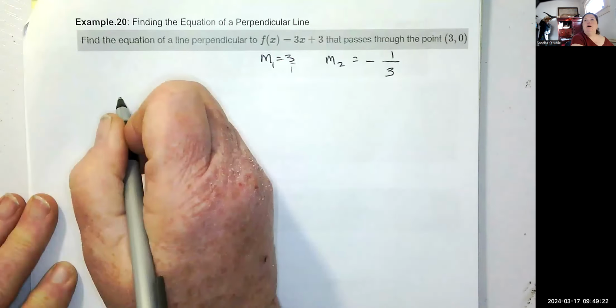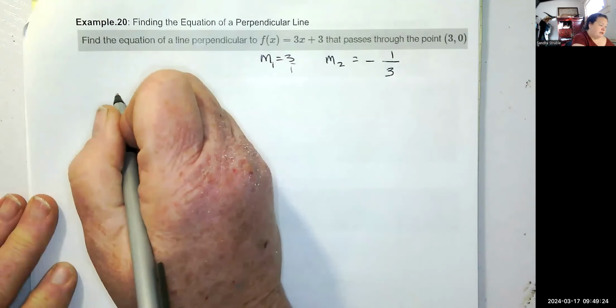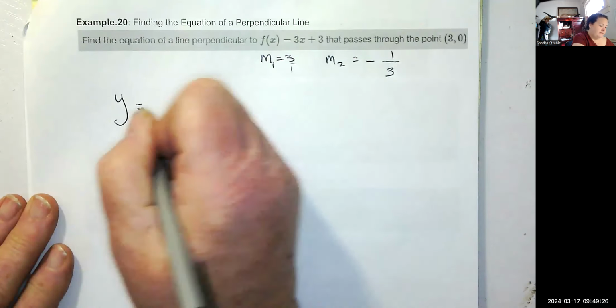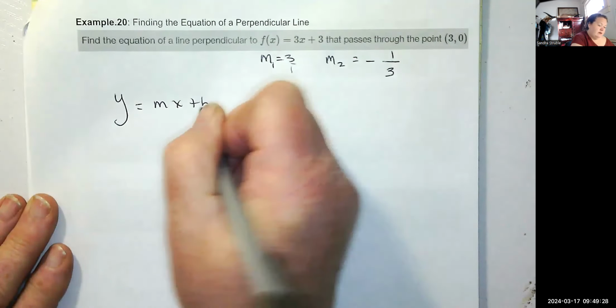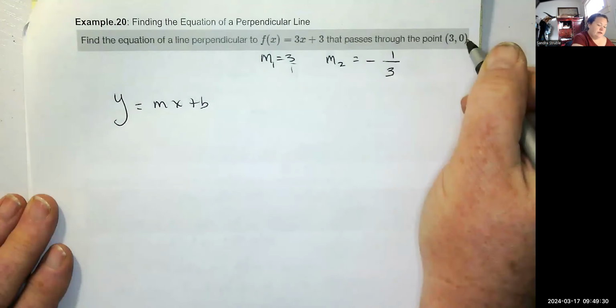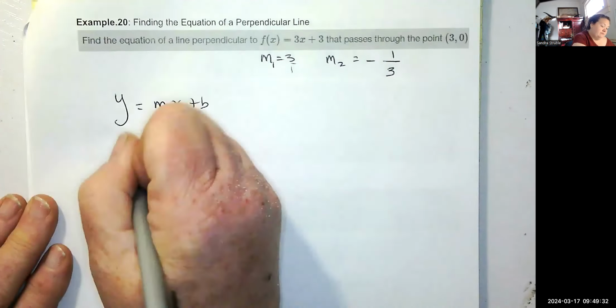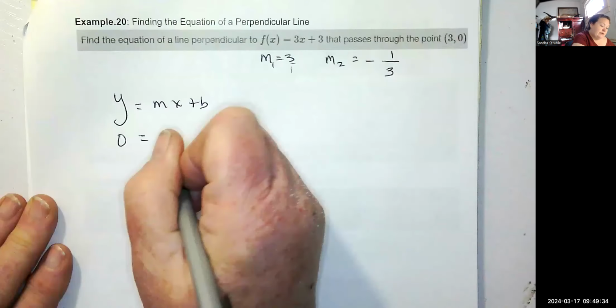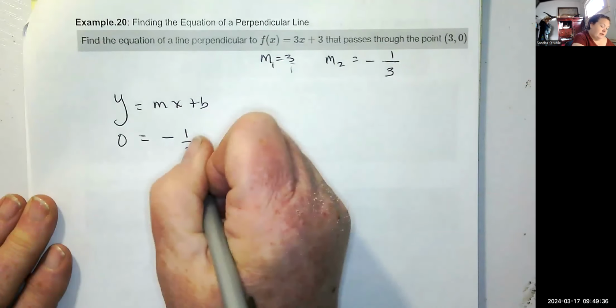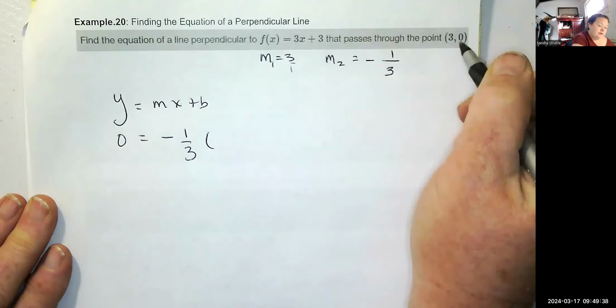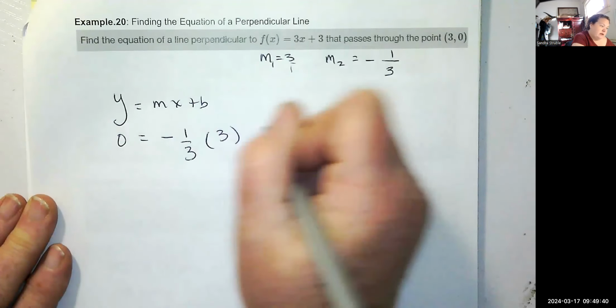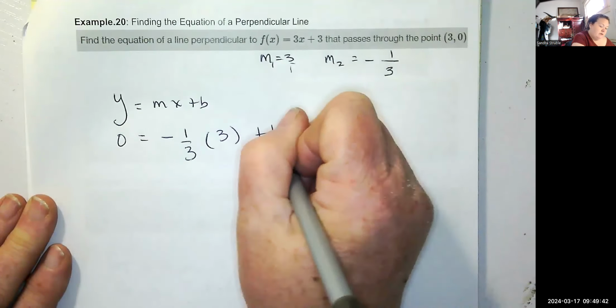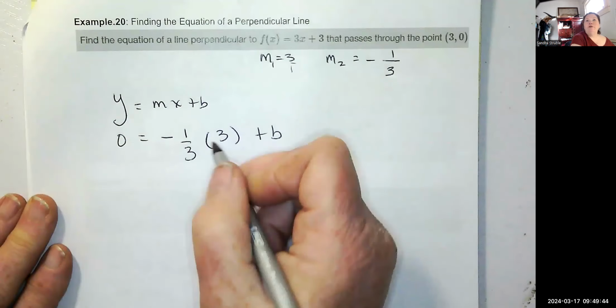All right. Again, I can use y equals mx plus b. And y is 0 again. Slope is -1/3. X is 3. Oh, they made this nice on us. And then plus b. Again, we're looking for our y-intercept.